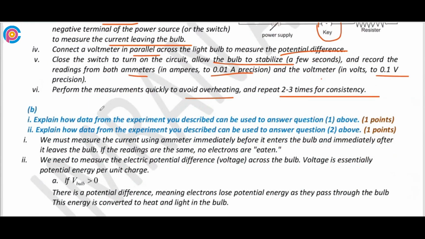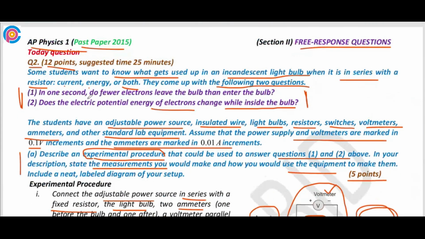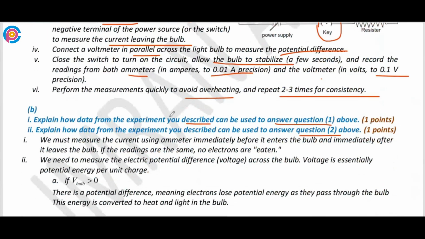The next part asks to explain how data from the experiment you described can be used to answer question 1, and the same for question 2. Question 1 asks whether fewer electrons leave the bulb than enter it, and question 2 asks about the potential difference inside the bulb. These are the two main questions. So we must measure the current using the ammeter immediately before and immediately after the bulb.